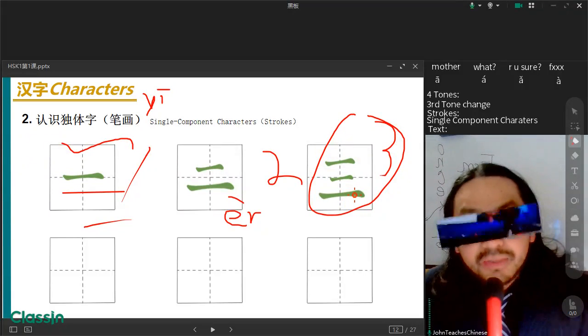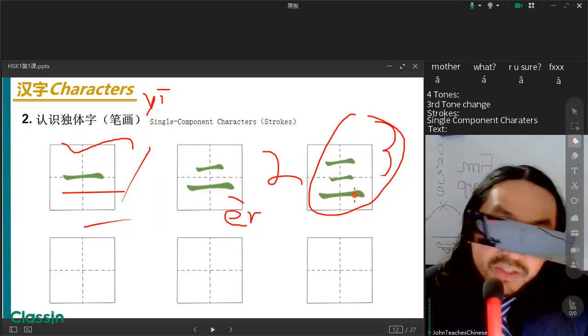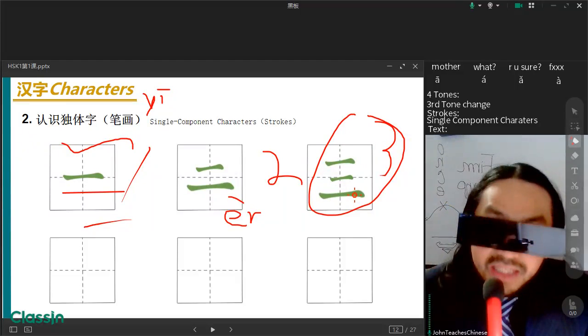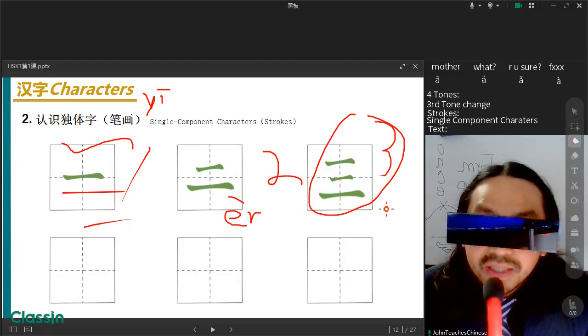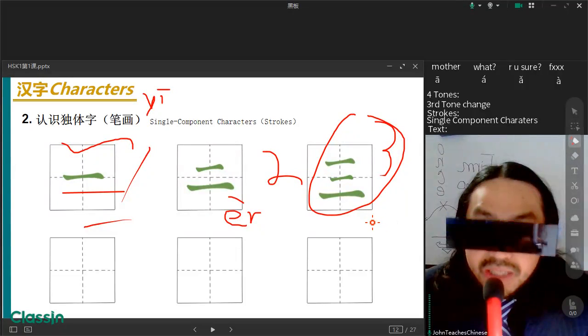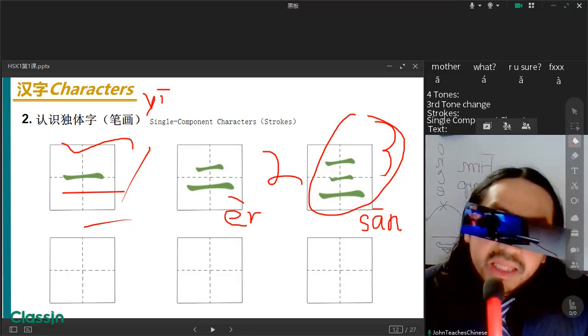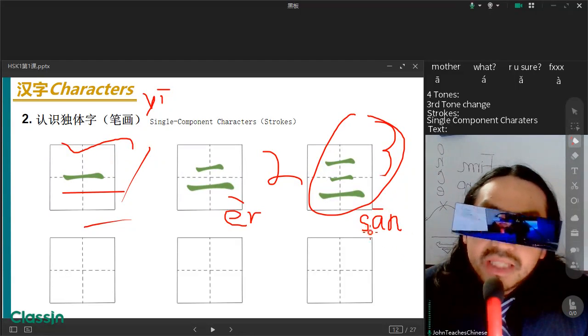Now you will become like a Japanese. But even Japanese people, if they have never learned it, do not know how to pronounce it in Chinese. So that's the reason why I am here. 四 and 三.